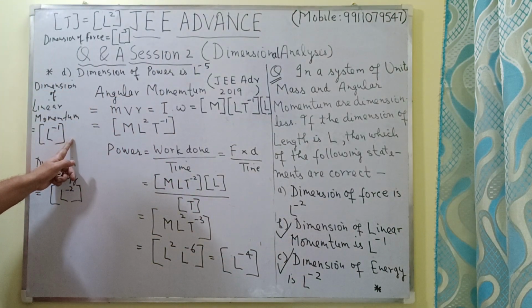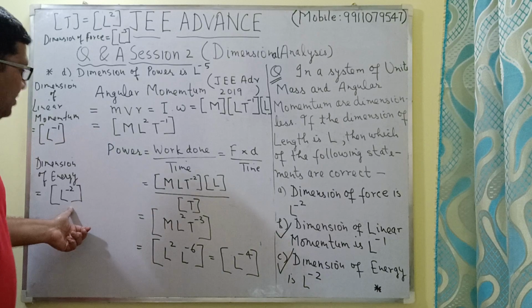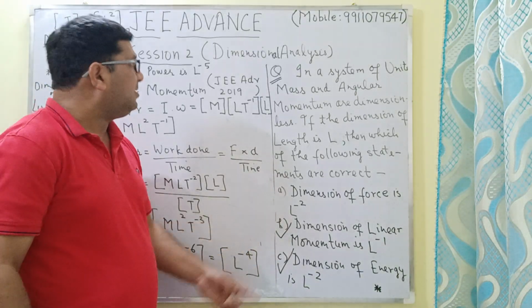I have written here on this board also, and the dimension of energy was also equal to L to the power minus 2. So options B and C are correct.